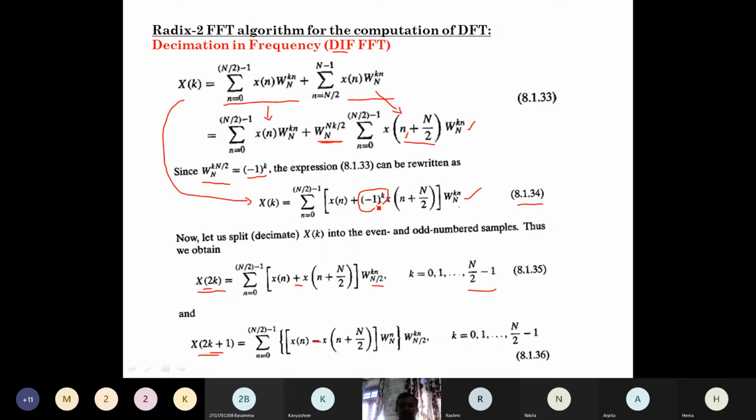Plus into minus 1, the answer is minus 1. So minus 1 into anything is minus of that value. So minus of x of n plus N by 2, W N to the power n. This term is there, W N to the power n into the overall summation, it is W N by 2 to the power k n.